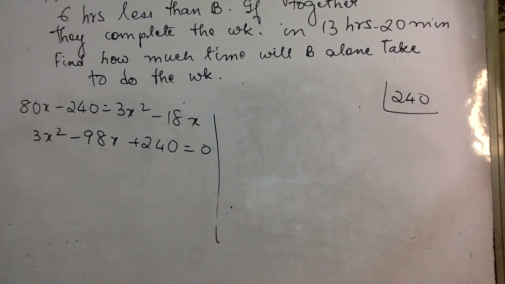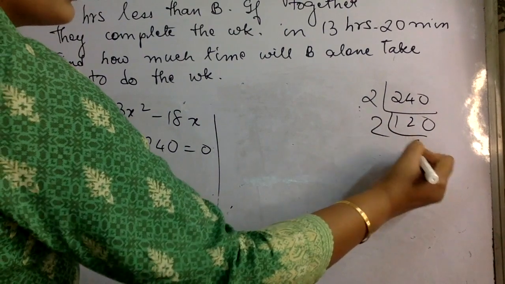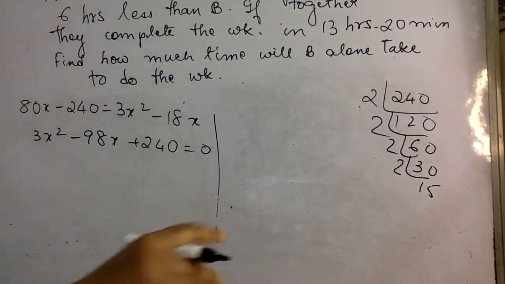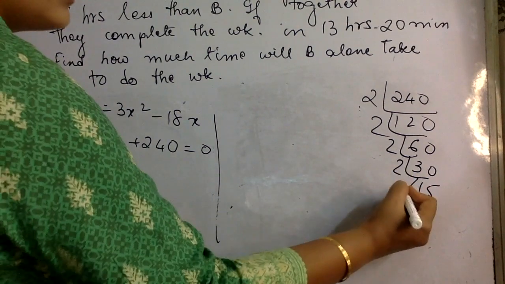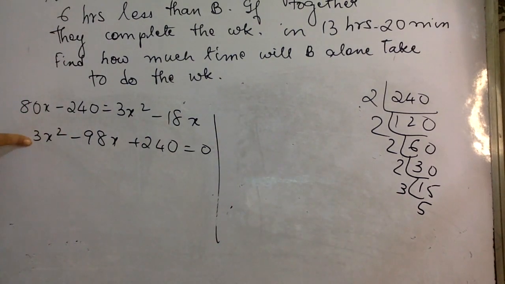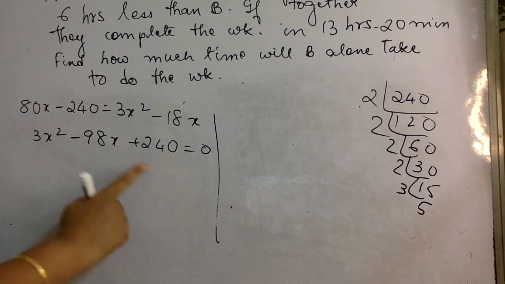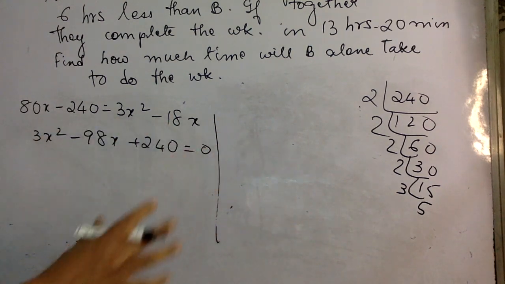So when we do prime factorization of 240: 2, 120; 2, 60; 2, 30; 2, 15; and 3 and 5. So we have four 2s, 3 and 5, and one more 3 here. So you don't waste time in multiplying. Rather, you count this 3 in the factors.